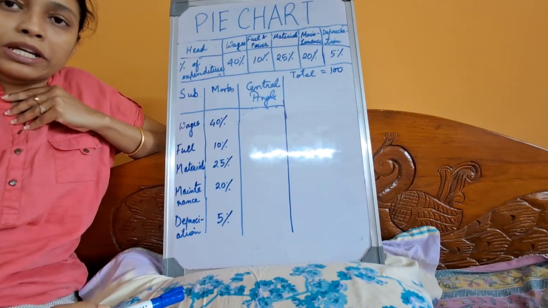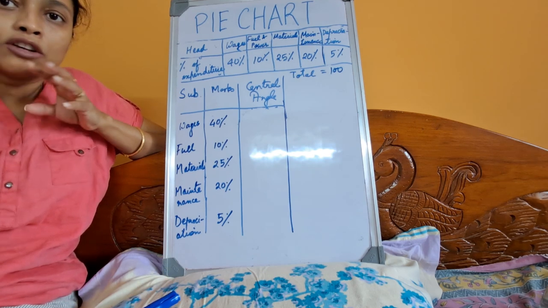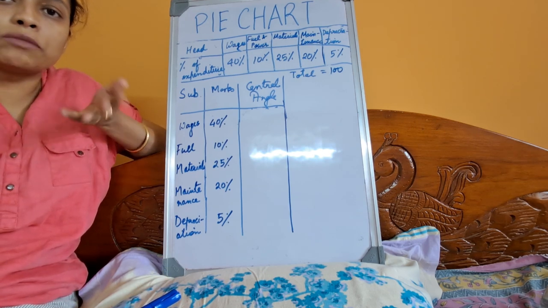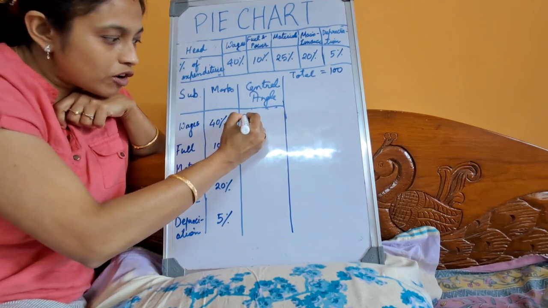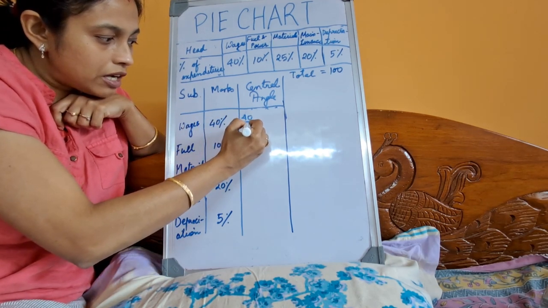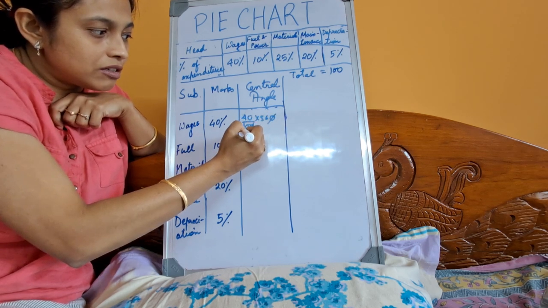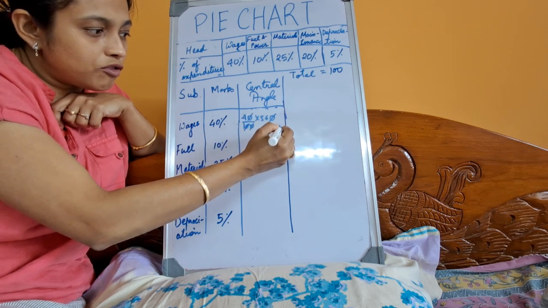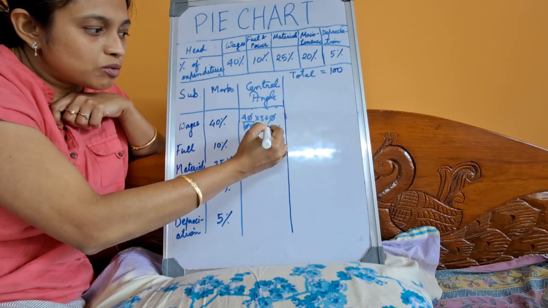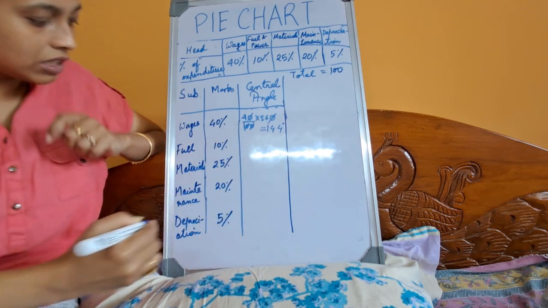As explained in the previous sum, we have to find the central angle. Here the total is 100. How much will it be out of 360 degrees? The same concept. So 40%: 40 by 100 into 360. Cancel the zeros. So this is 24, and 12, 14, so 144 degrees.